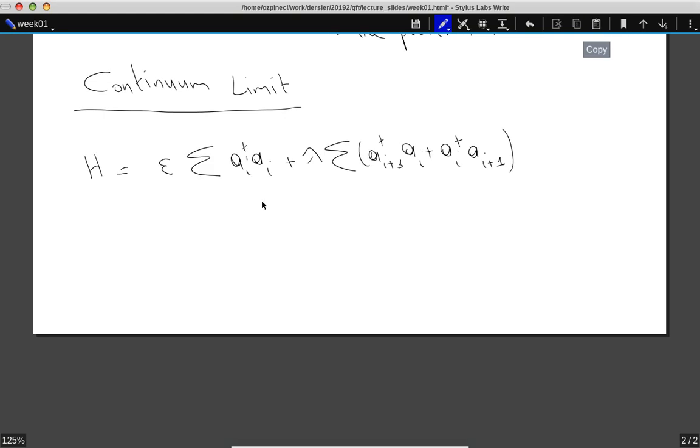Well, I will modify it slightly. I mean, you can do the same thing with this Hamiltonian, but especially when you are trying to go to the Lagrangian, it becomes complicated.